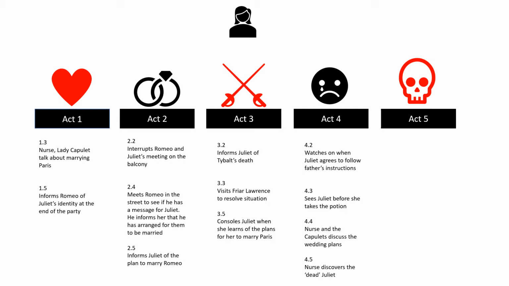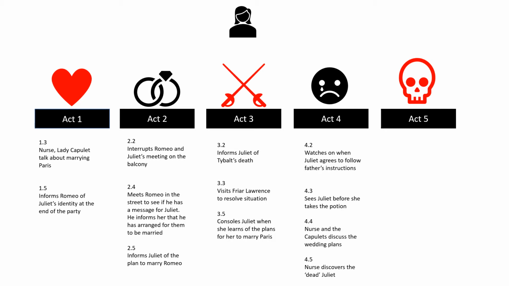Then in Act 2 she's the one that interrupts them in the balcony, and then later in that scene she becomes a bit of a messenger. So in Act 2 Scene 4 she's the one that goes and passes a message between Romeo and Juliet and informing about the marriage, and then she goes and tells Juliet about it at the end of the act.